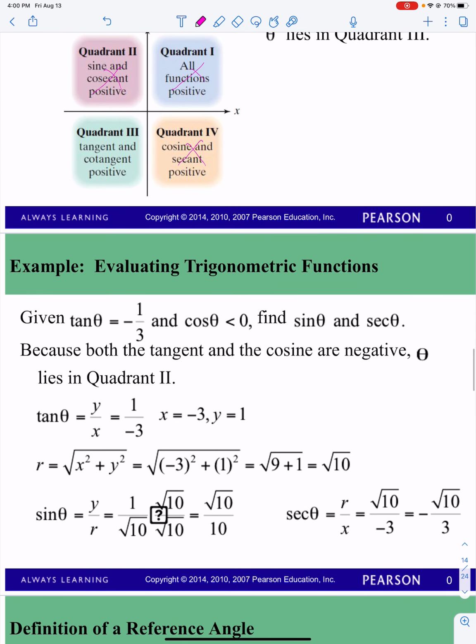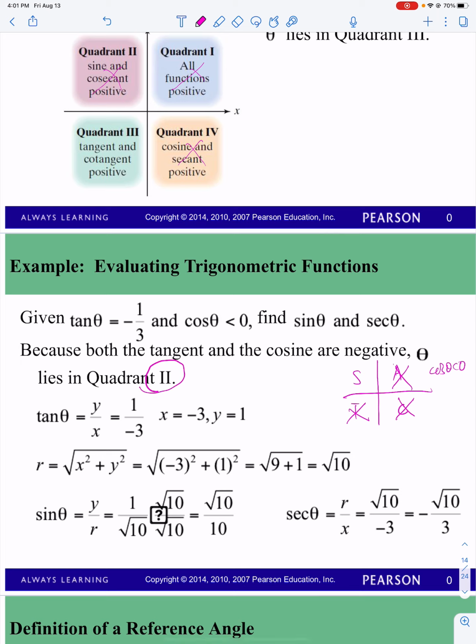Okay, so if we have tangent theta equal to negative 1/3 and cosine theta less than 0, what will you do? First, remember all students take trig class. Cosine less than 0, so it cannot be here. Tangent is negative, so it cannot be here. So which quadrant is this in?